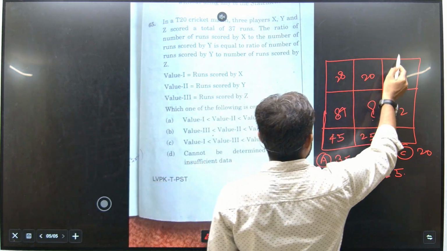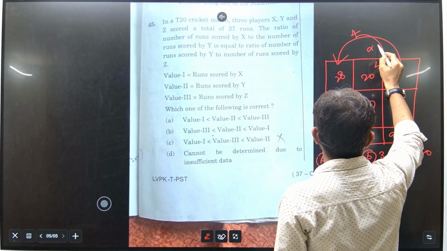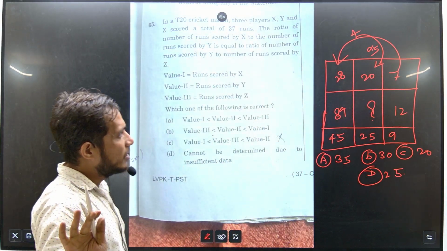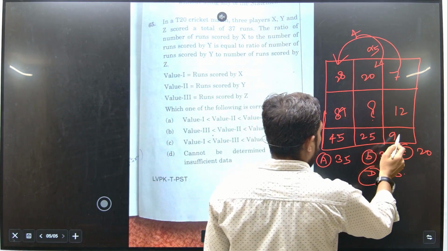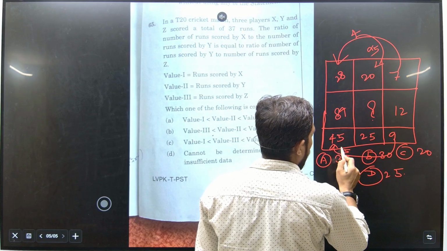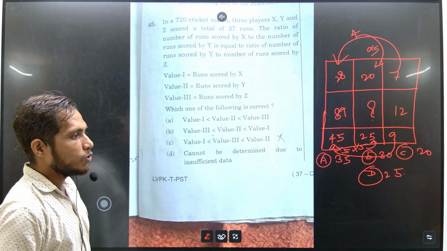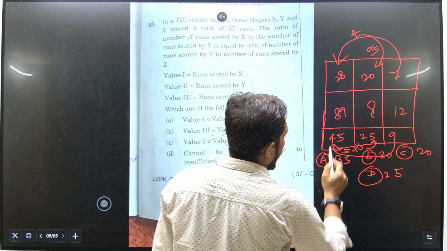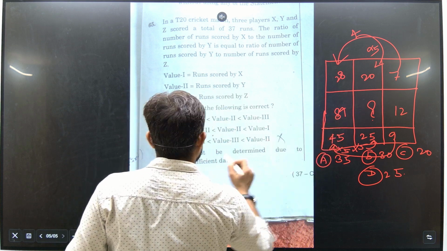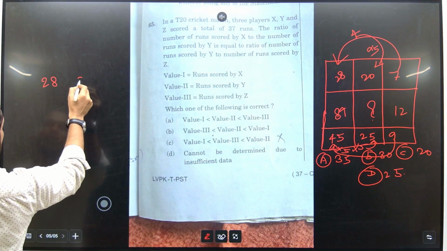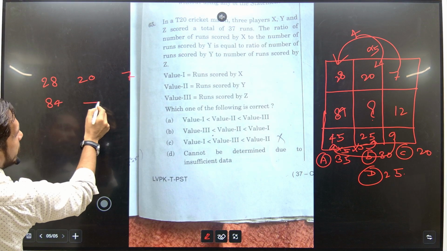Now 7 4s are 28 and 4 5s are 20. It is clear? 7 4s are 28 and 4 5s are 20. Now 9 5s are 45 and 5 5s are 25. In the first line they have written 28, 20. In the second line they have written 84, 12.